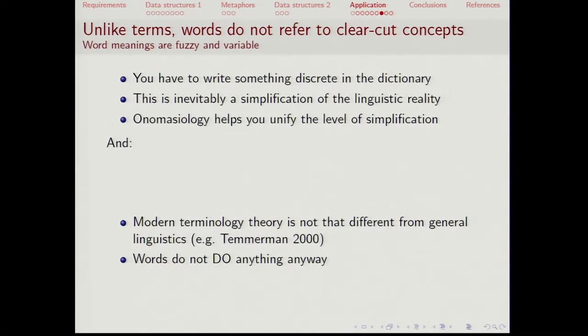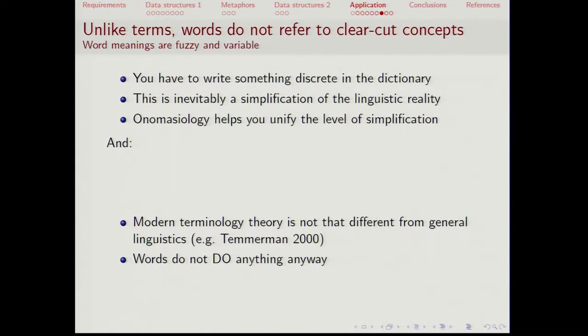But the answer for practical dictionary work is that you have to write something in the dictionary. If you just use normal traditional dictionary writing methods, you have to write a definition for the word. You have to put in words what you think the meaning of the word is. And this is discrete anyway. So you have to make a decision where you put the boundaries of the meaning.